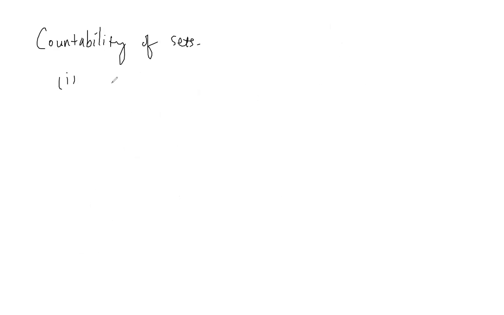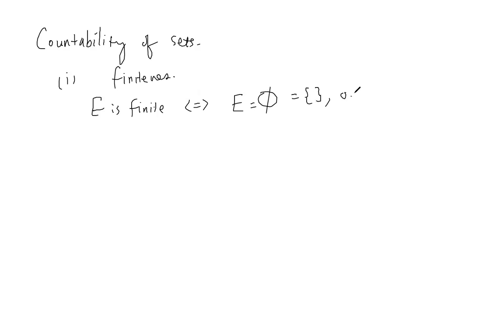The first point is finiteness. It says that E is finite if and only if E is the empty set, or you can find a one-to-one mapping from a set of natural numbers to E. For example, suppose your set E is 1, 2, 5, 7.